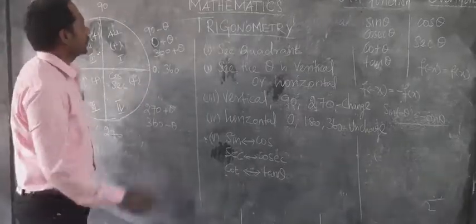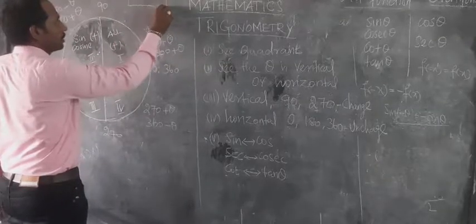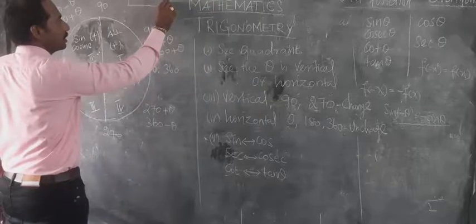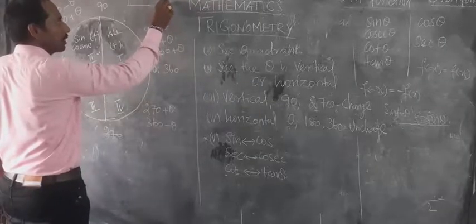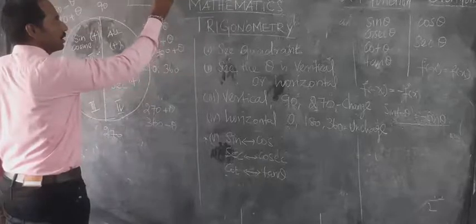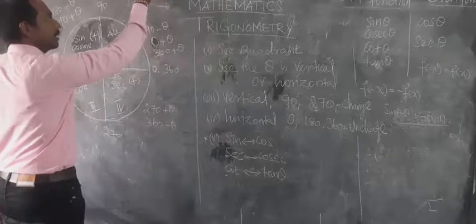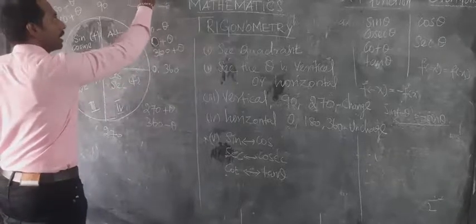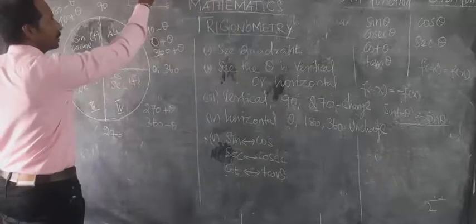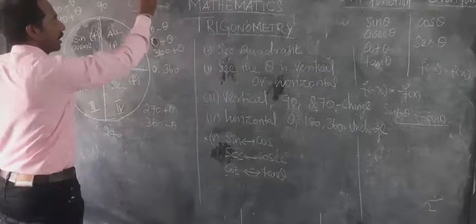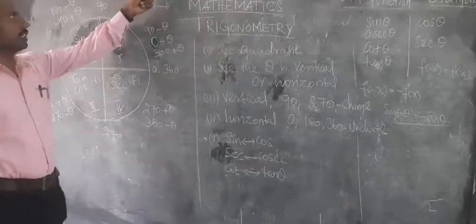Just think, it increases: 10, 20, 30, 40, 50, 60, likewise it will increase. But in the middle, you get 90 degrees. That is why we call it a right angle, as in a right angle triangle. So this is the 90 degree.